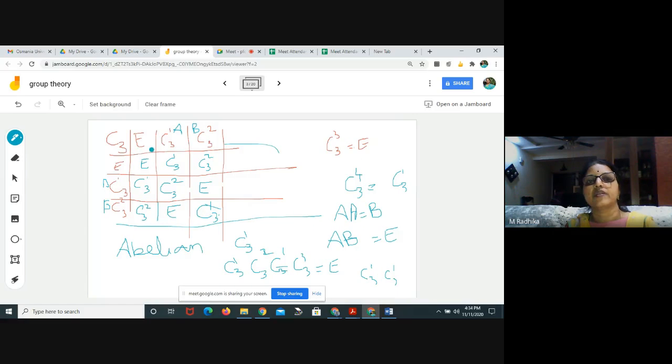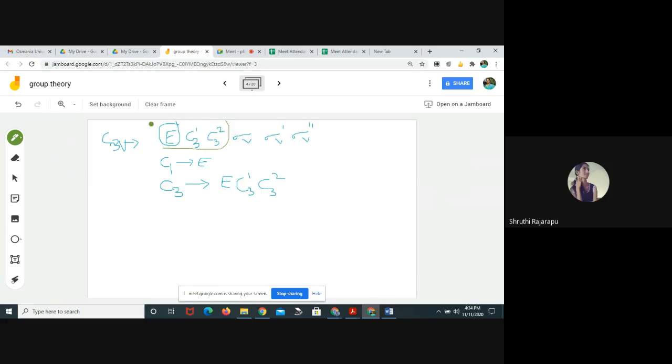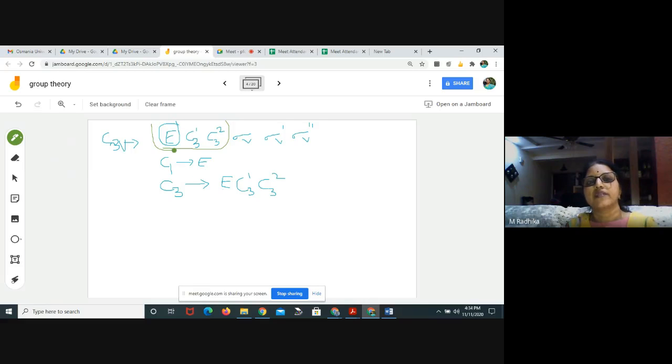What all are there in C3? E, C3 1 and C3 2. So I'm writing C3 is nothing but E, C3 1 and C3 2. Are these elements there here? Right?